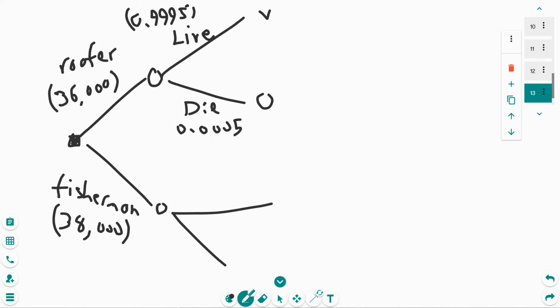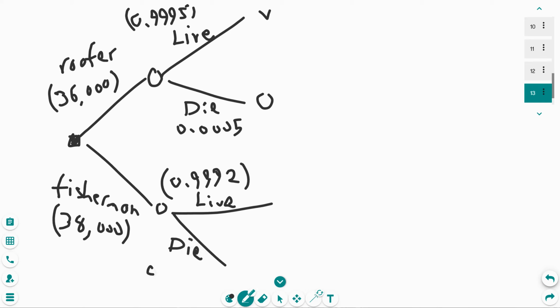And the same thing for being a fisherman, except the probabilities are a little bit different. So the probability of living, remember there are 8 deaths per 10,000 for this occupation, so the probability of living was 0.9992. Probability of dying was 8 per 10,000, that's 0.0008.